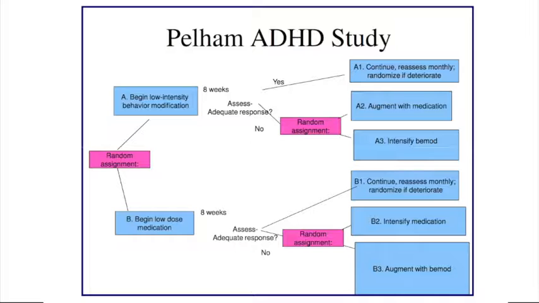It's not like just giving your child a pill. So the American Psychological Association recommends that you start with behavioral modification first and only go to medication if it doesn't work. The American Pediatric Association suggests that you start with the medication and only use behavioral modification if it doesn't work. So leading organizations in our society have differences of opinion, and they wanted to run this trial to see how this would play out.